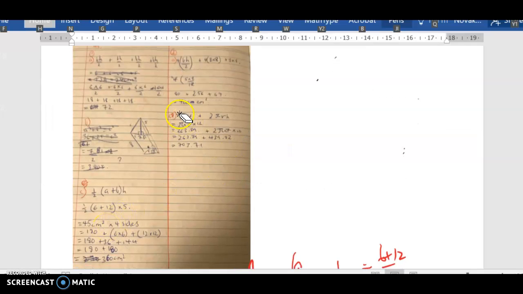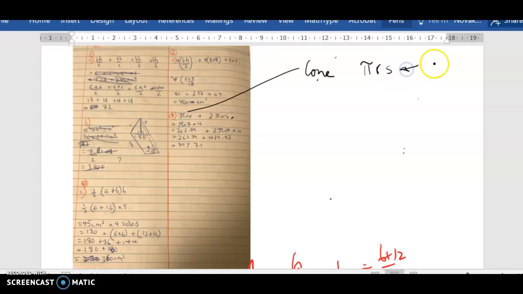He's gone with pi r s because he didn't want the circle component of the cone. He's got the side of the cone, which is pi r s, where s is the slant height, which is good.